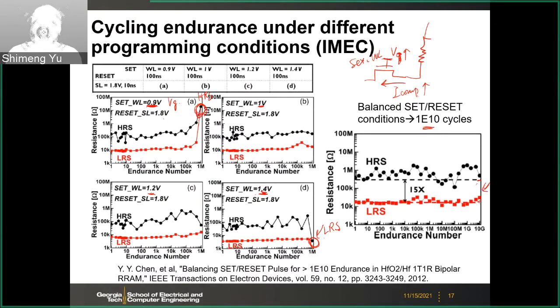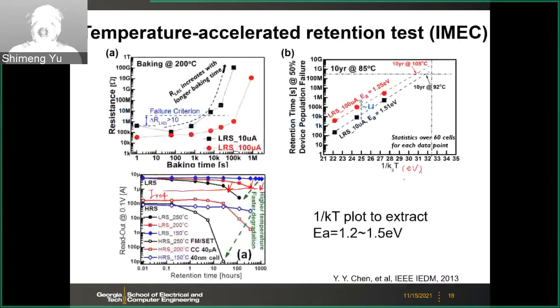So I don't know exactly what, for example, TSMC or Intel use later. They didn't disclose the exact stack, but I believe it's similar to IMEC or the other group. You have some capping layer. Maybe different companies will optimize that capping layer to different materials, but the concept is reported in those papers.